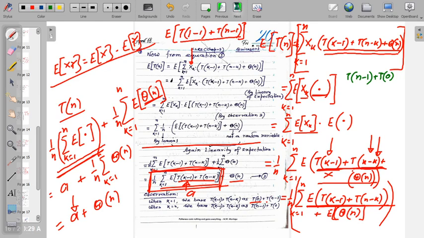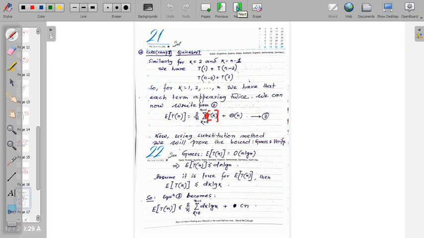Now if I put k equals to 2, then what will it be? It will be T1 plus T n minus 2. Everybody is with me?